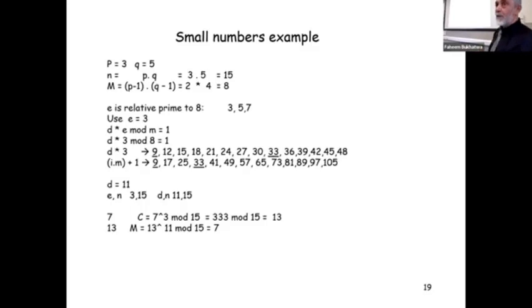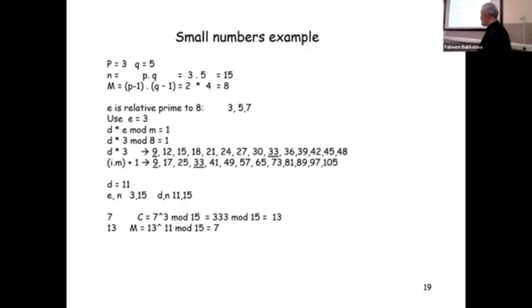We pick the smallest one. And it has to be less than M, less than 8 in this particular case. We use very small numbers. So that's it. That's the E, also easily created. Now this is the little one with the slight difficulty, but you can actually create those numbers very quickly.